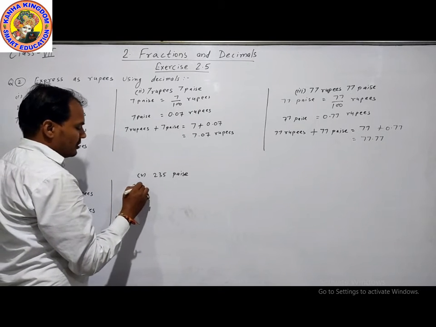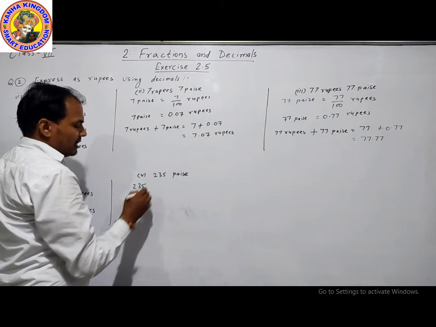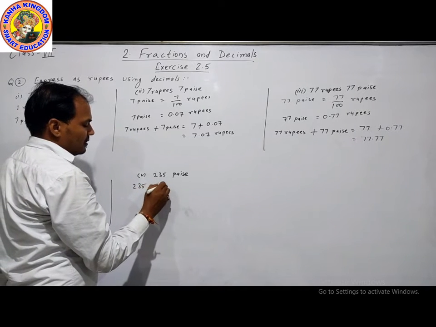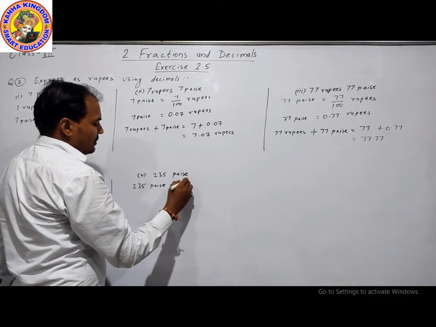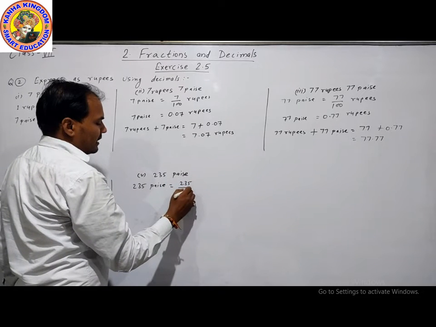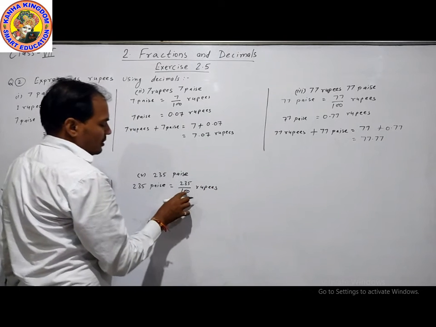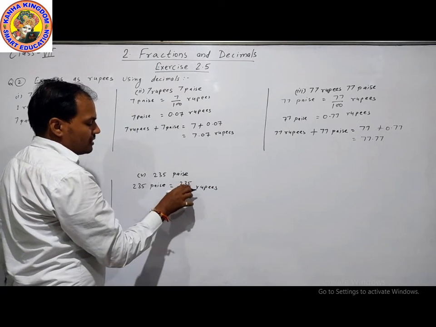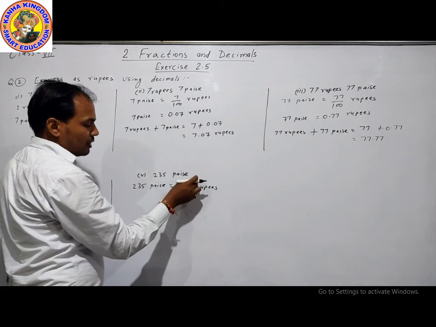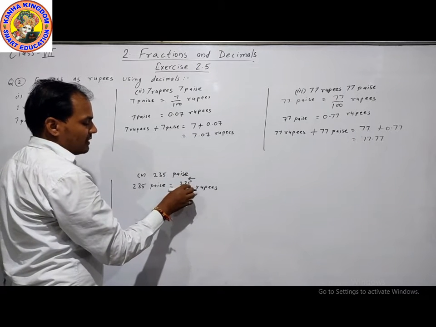The next is 235 paise, which will be divided by 100 to convert into rupees. 2 zeros means 2 decimal places. From the left-hand side we will count 1 and 2.